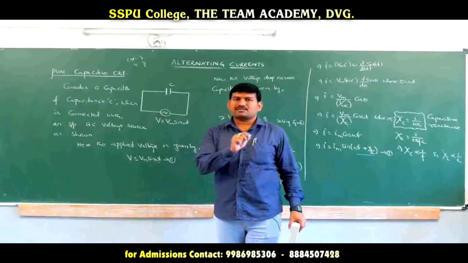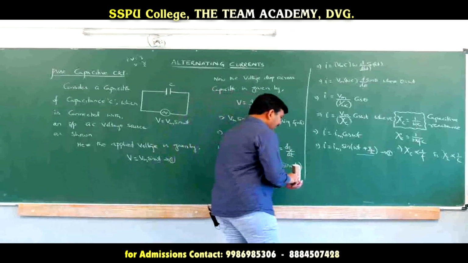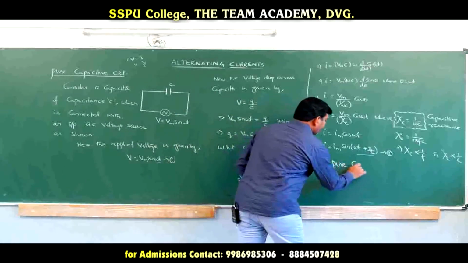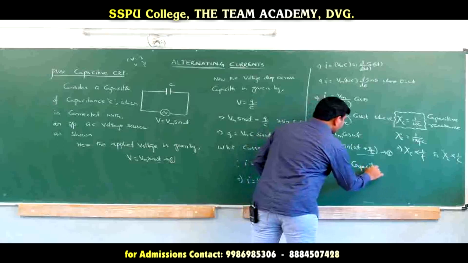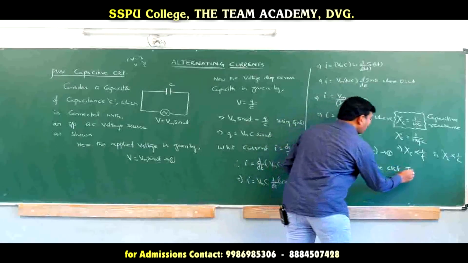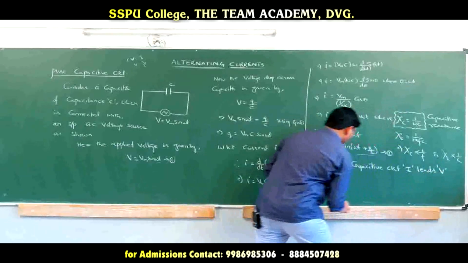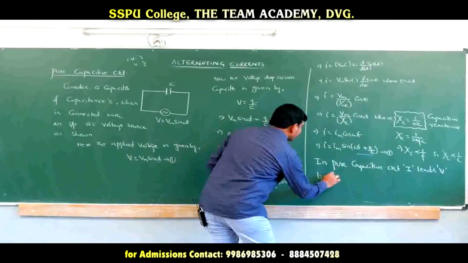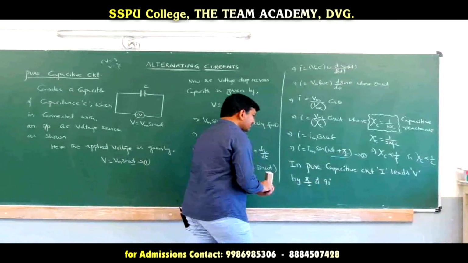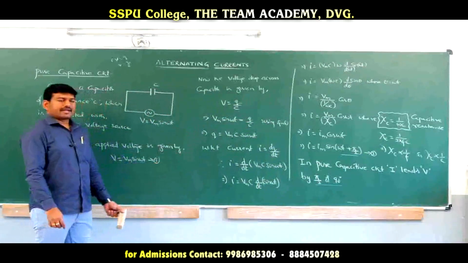In a pure capacitive circuit, current leads voltage by 90 degrees or pi by 2. Or I can say that voltage is lagging current by 90 degrees.